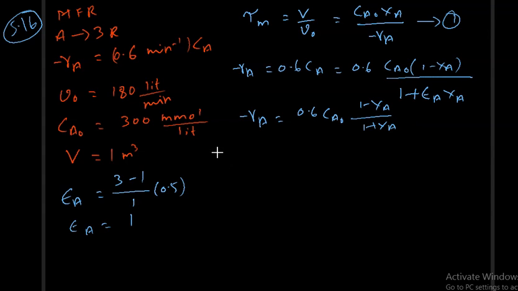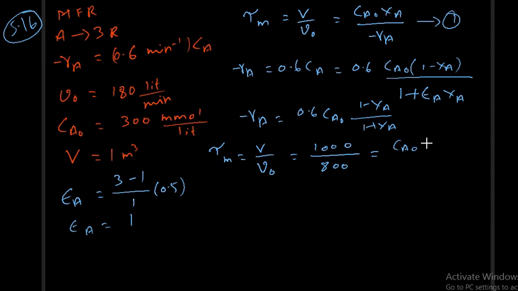So for a mixed flow reactor, tau m is equal to V by V naught, which is equal to 1000 divided by 800. So this tau is equal to V by V naught, which is equal to CA naught into XA by minus RA.